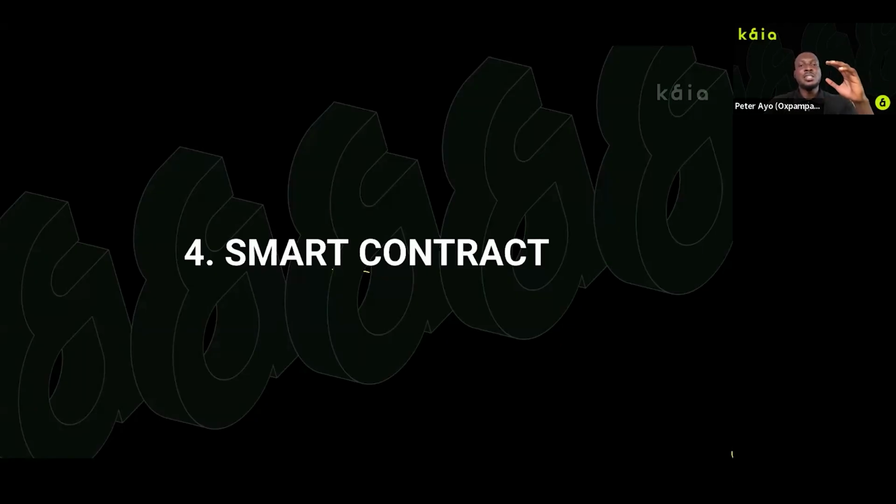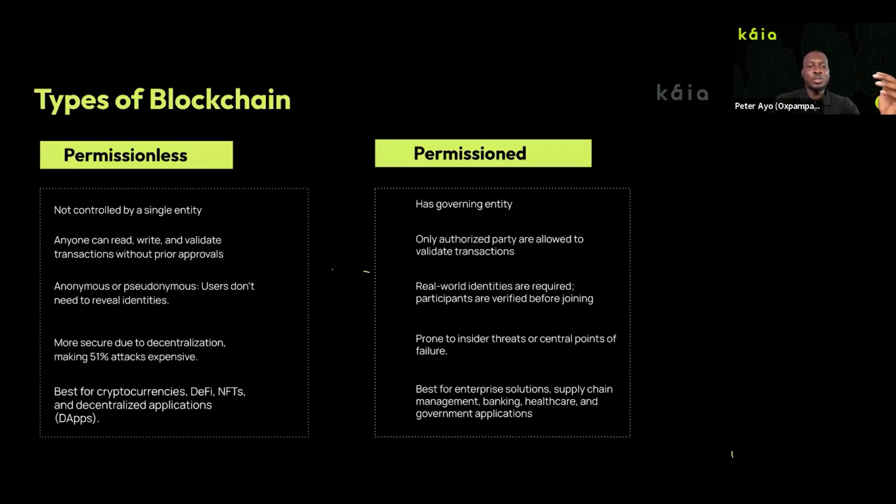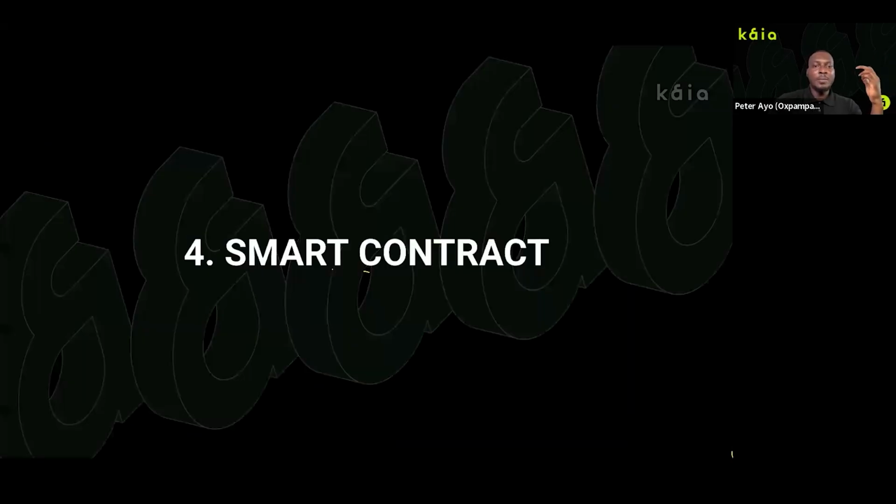And so a smart contract is that piece that helps us build business logic on chain. Now we've talked about how permissionless blockchain helps us build various use cases around DeFi, NFTs, and whatnot. Now, how do we bring business logics on chain? It is by using smart contracts, right?